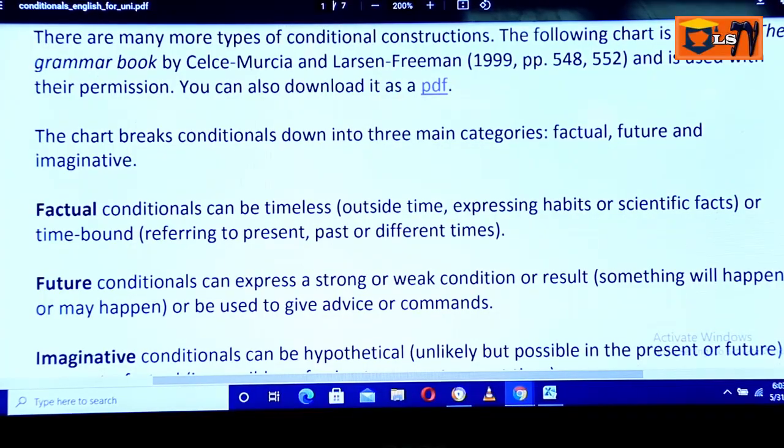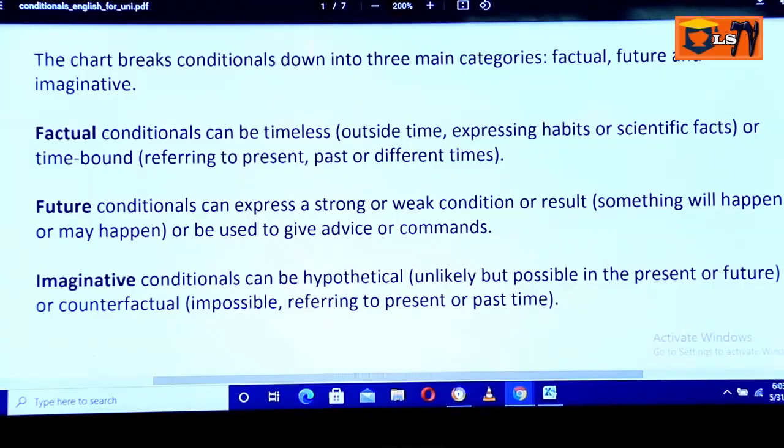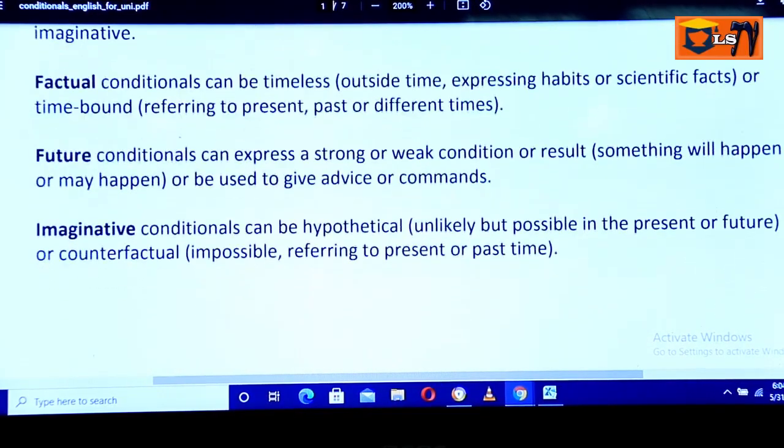The chart breaks conditionals down into three main categories: factual, future, and imaginative. Factual conditionals can be timeless, in other words outside time, expressing habits or scientific facts, or time-bound, referring to present, past, or different times.